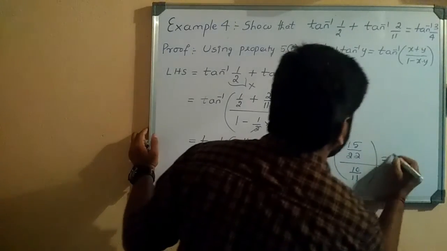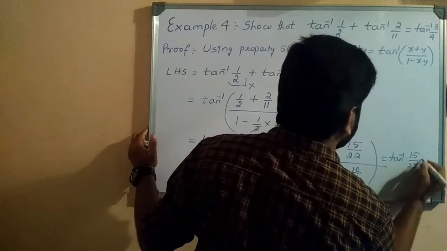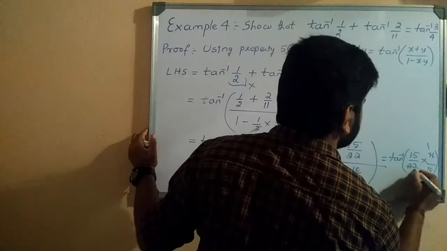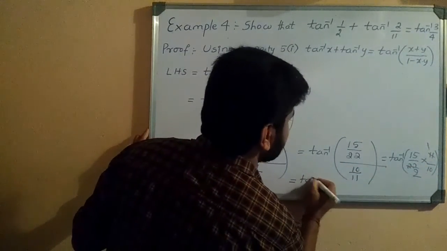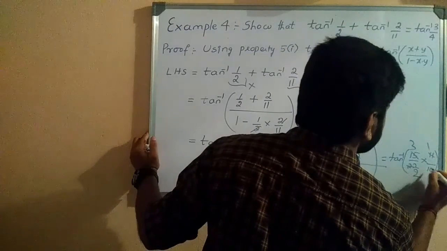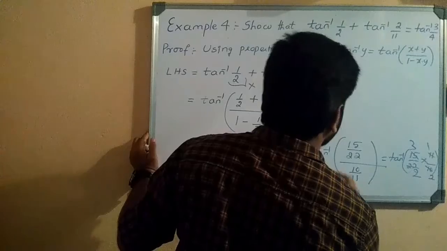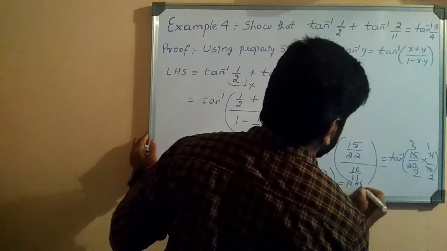So which is equal to tan inverse of 15 by 22 into 11 by 10, that is, which is equal to tan inverse of b by 4, which is equal to RHS.